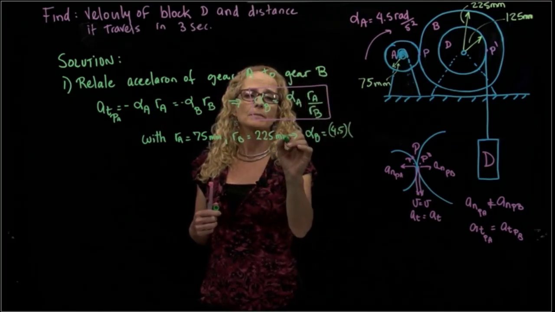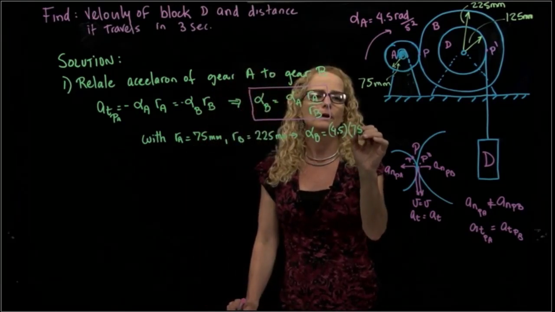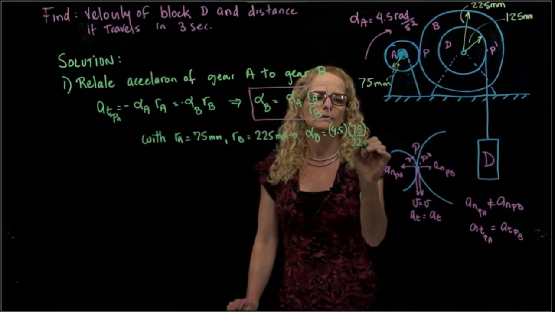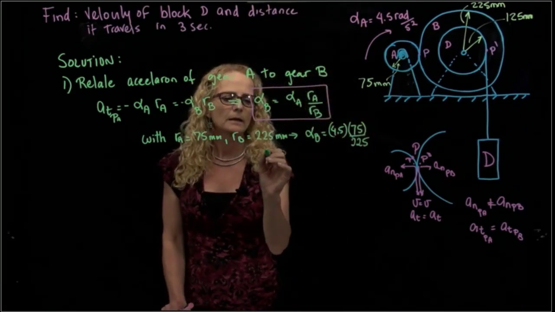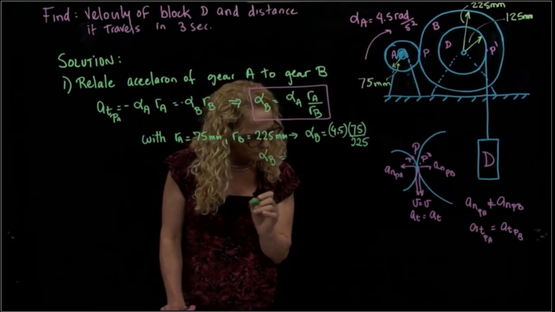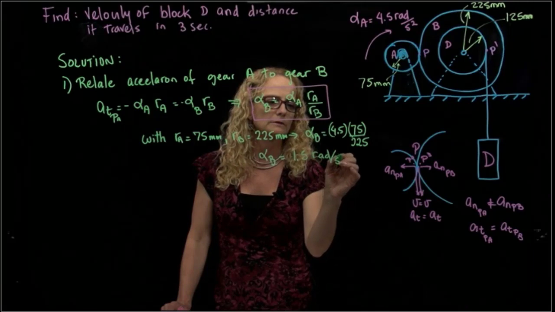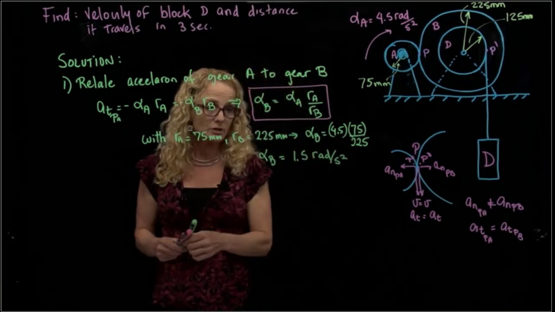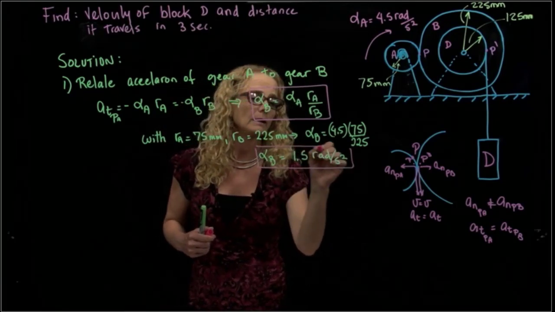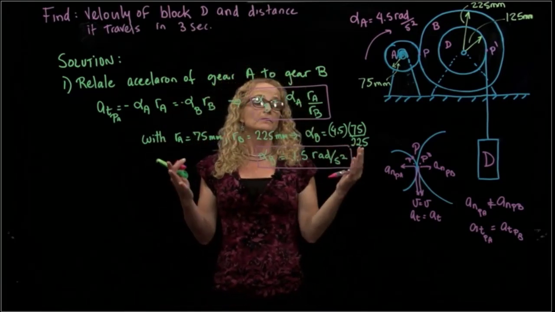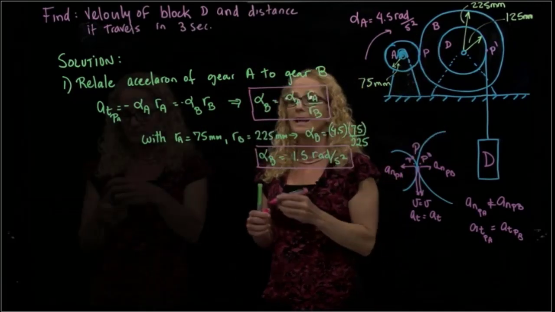Since those are the same units, I don't have to convert to meters. The acceleration of B is equal to 1.5 radians per second squared. So as you see, the gear B goes slower than the gear A because it has a bigger radius and it has the same tangent acceleration at this point.